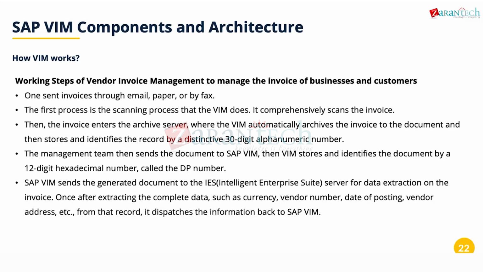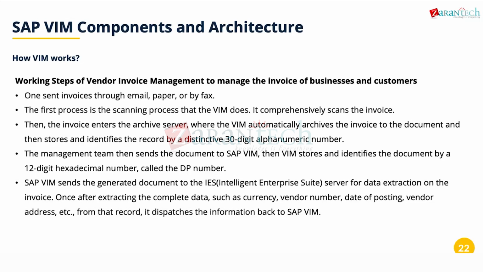Okay. And coming back to here, we talked about IES, the Intelligent Enterprise Suite, for data extraction of the invoice and pushing that extracted data into the SAP system. What kind of information it extracts, we'll talk about. But let's give some examples.